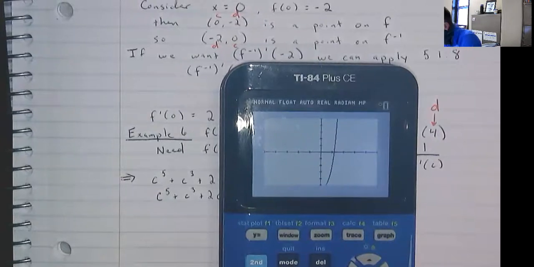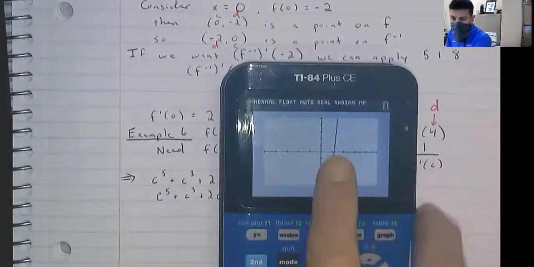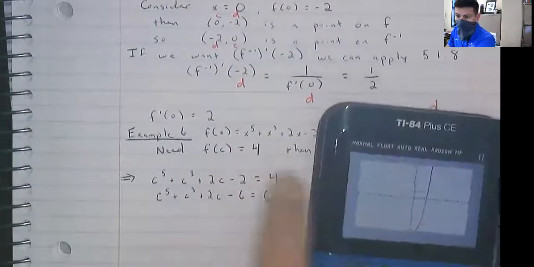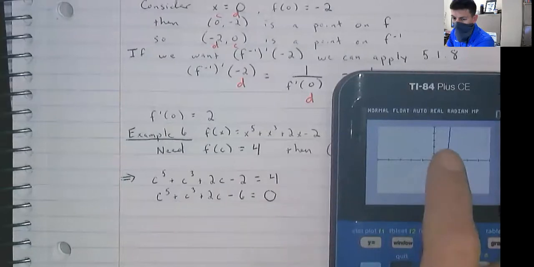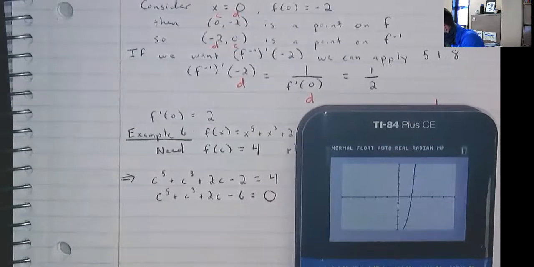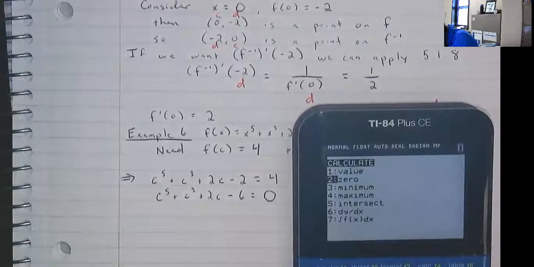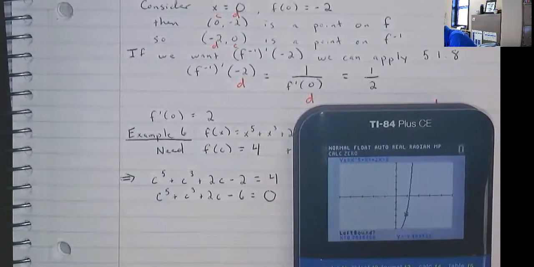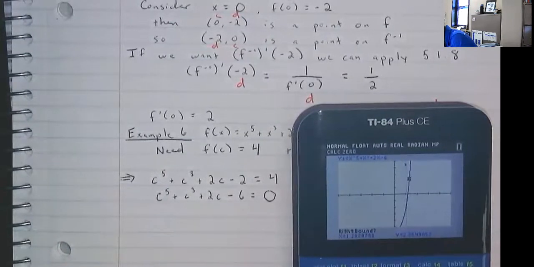Okay, so we want to know what is that? Because that is the c value that when we plug into our function gives us 4, because that is the c value where this guy has a root. All right. So we do second trace, zero. They want the left bound. And they want the right bound.